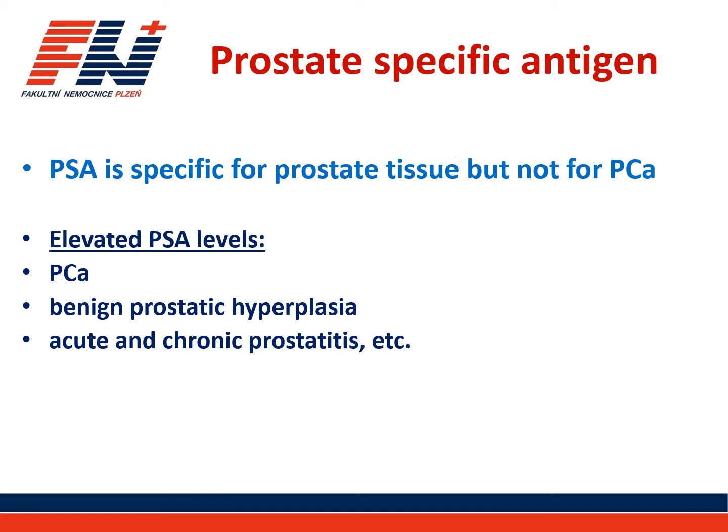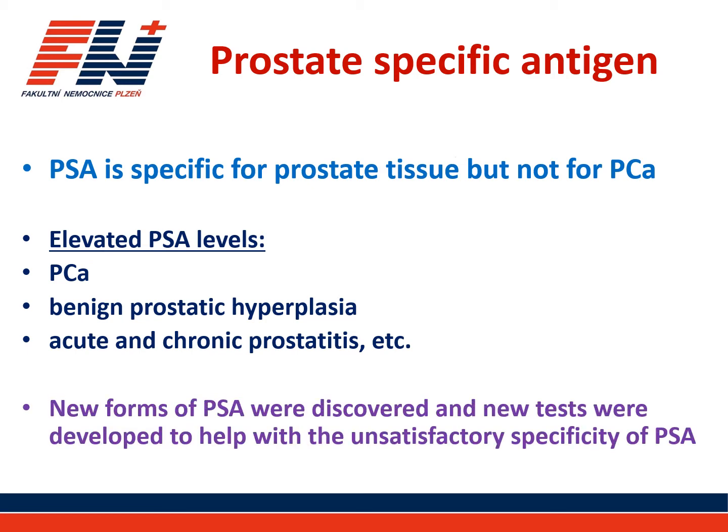We can see elevated PSA levels in prostate cancer, but also in benign prostatic hyperplasia or other benign diseases like acute and chronic prostatitis, etc. This is a relevant issue in the diagnostic process, and the solution is searching for a new form of PSA which can help us to solve this unsatisfactory specificity.